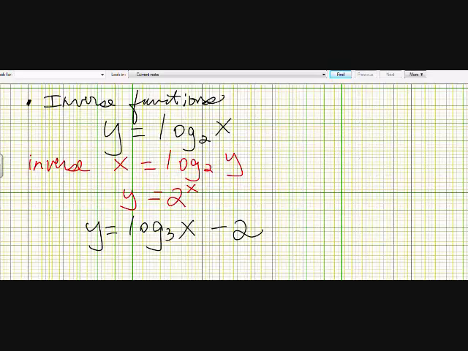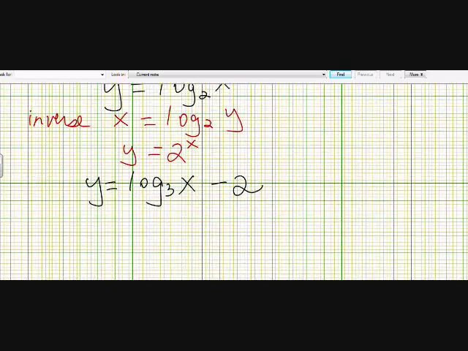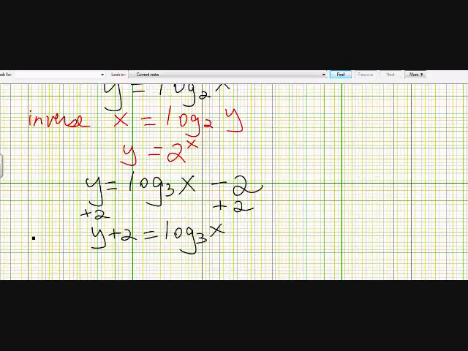Since it's not in parentheses, that minus 2 is separate from the logarithm part. So in order to write its inverse, I need to move that 2 over to the other side and get y plus 2 equals log base 3 of x.